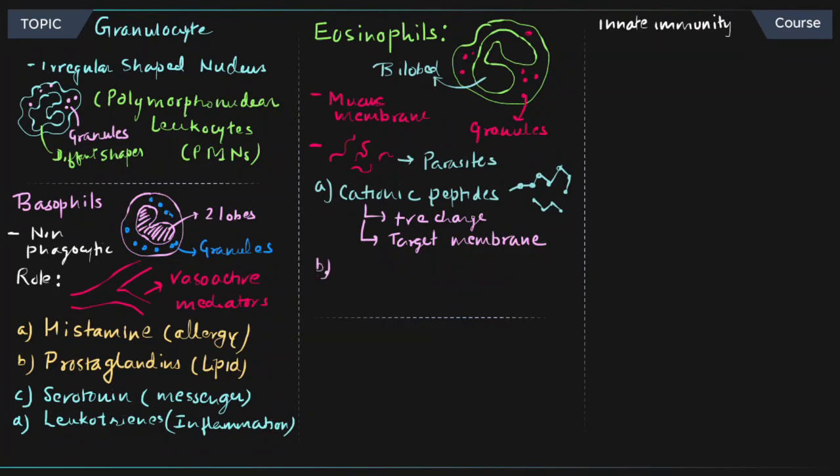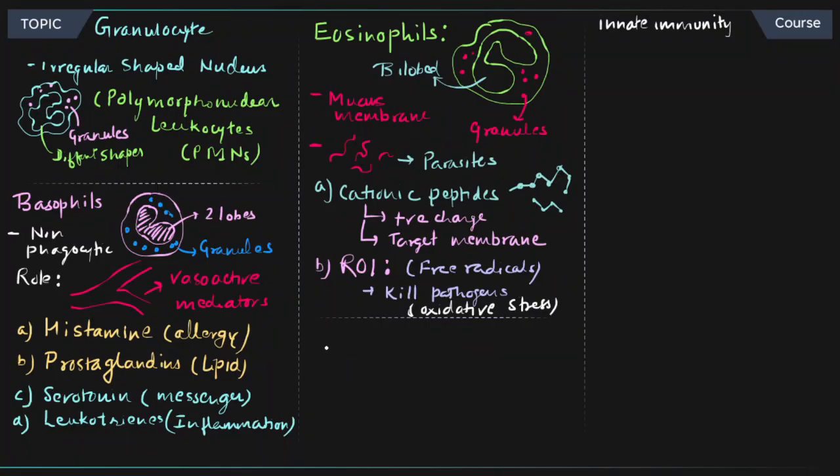Next is ROI, which is also known as reactive oxygen intermediates. What are these? These are basically free radicals, and they are associated with killing pathogens. The role of these free radicals is basically to kill the pathogen that is trying to enter our body, and this is accomplished through oxidative stress, which causes the killing of those organisms.